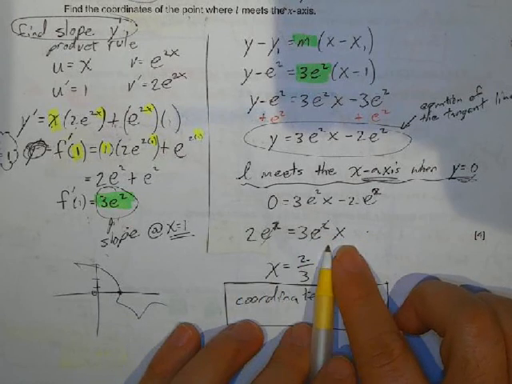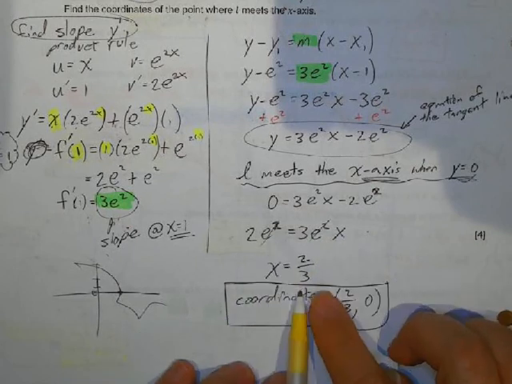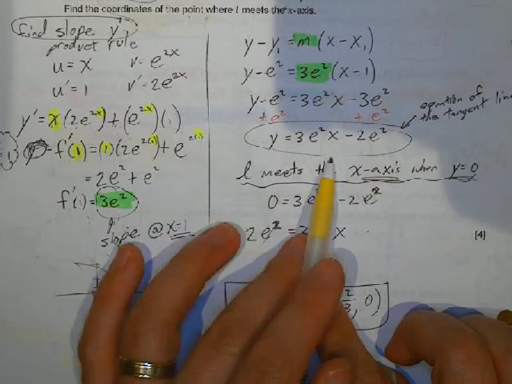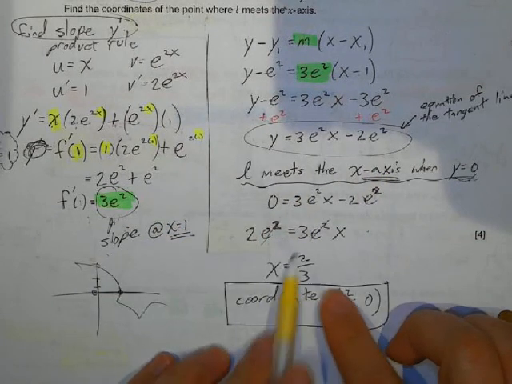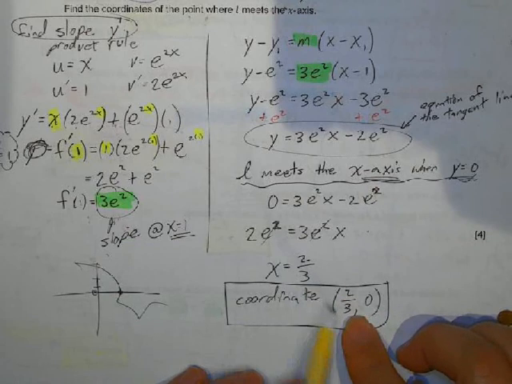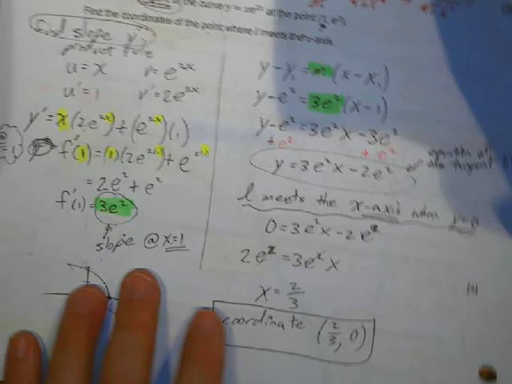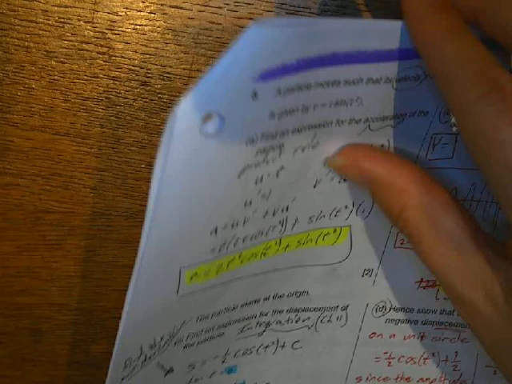And so I divide both sides by 3, and I get this. So now I've got the coordinate where this line here meets the x-axis. So my x value is 2/3, and we already know that the y value is 0. And let's just do the next two parts in a separate video.